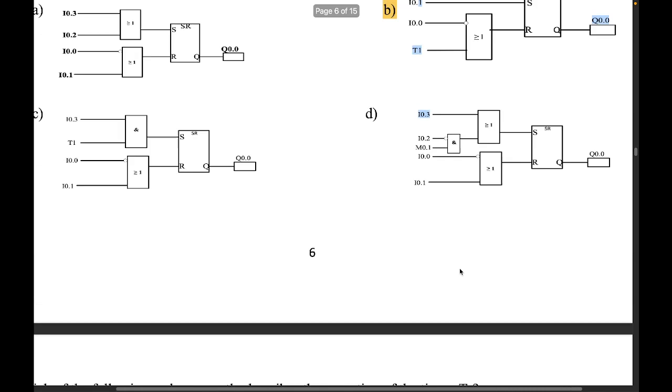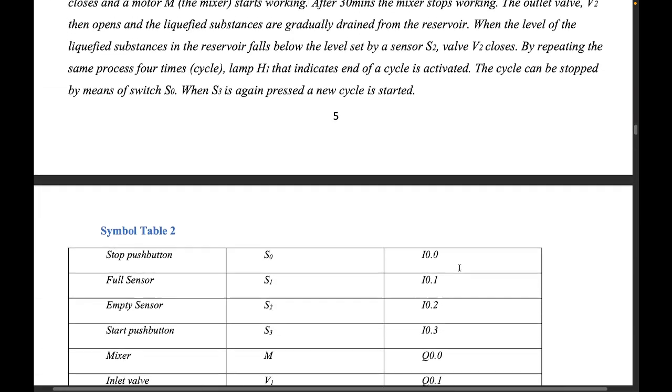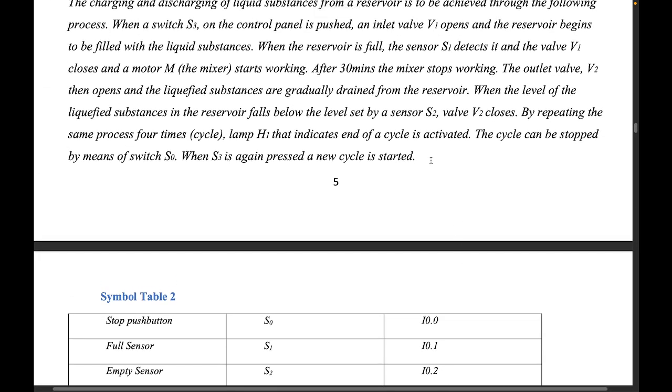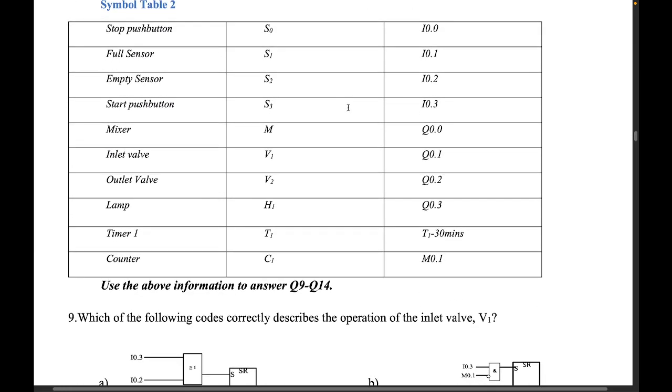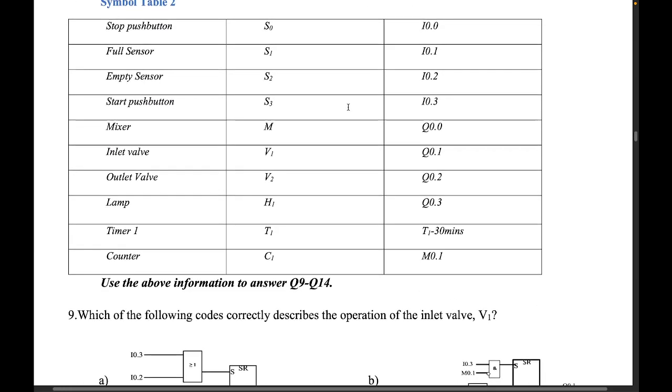And what makes the motor go off? It says after 30 minutes the motor stops. So the motor is controlled by a timer, right? When the timer finishes counting and becomes 1, the motor will go off. Or when the stop button is pressed.